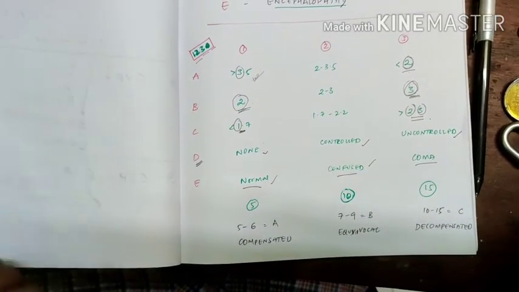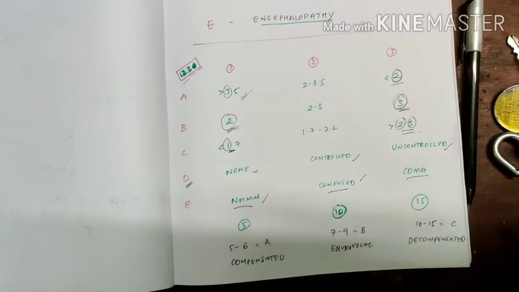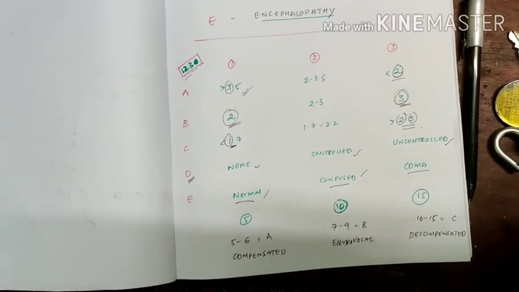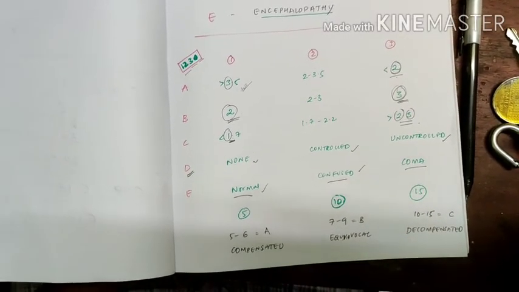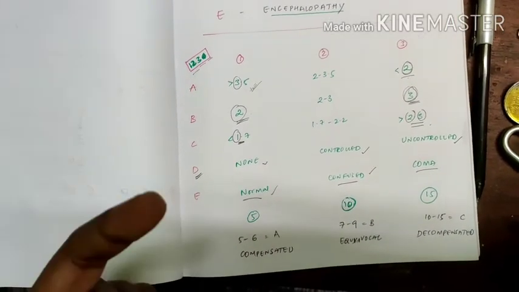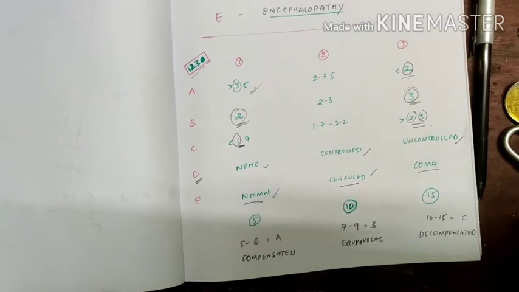In various liver diseases also, you calculate the Child score, and you decide whether it is compensated or decompensated or equivocal.